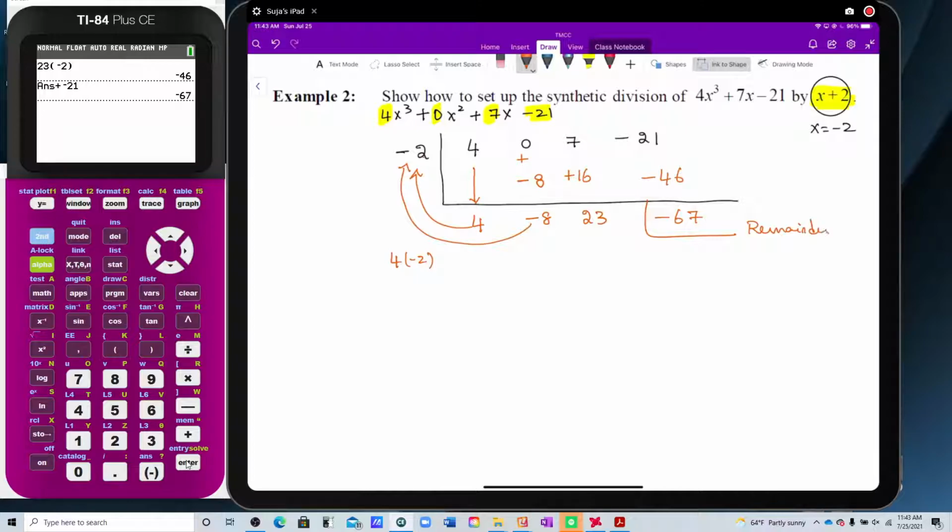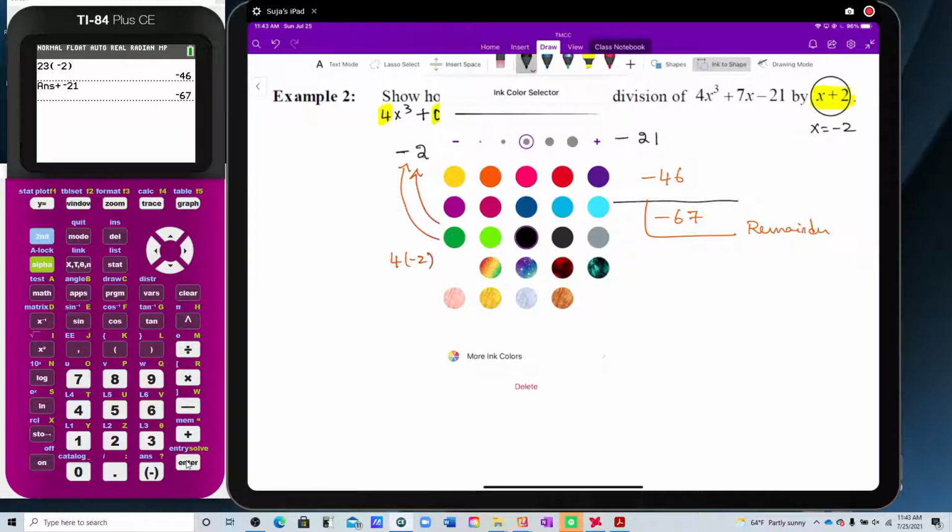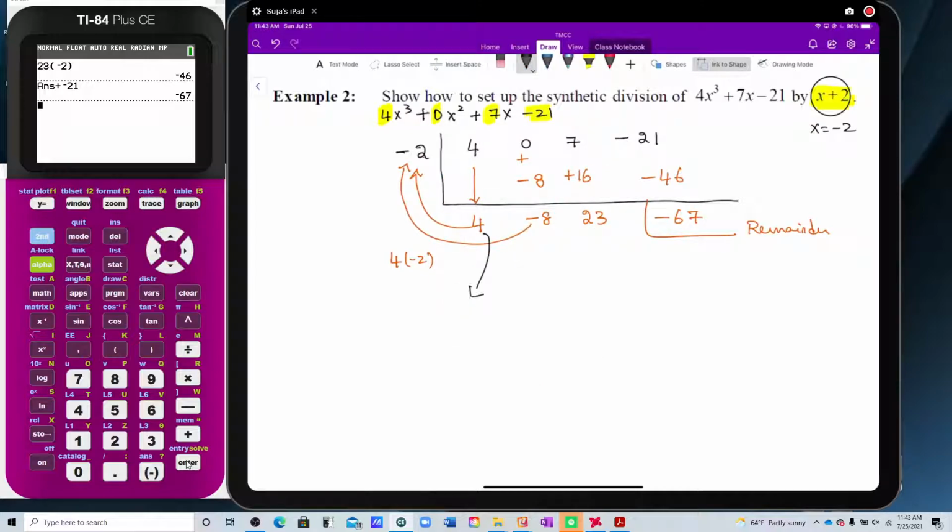So how do I write it backwards? The first number is always the coefficient of the leading term, 4. And since I started with a cube here, my answer is going to be 1 degree less than that. So it's 4x squared minus 8x plus 23, and negative 67 is the remainder.